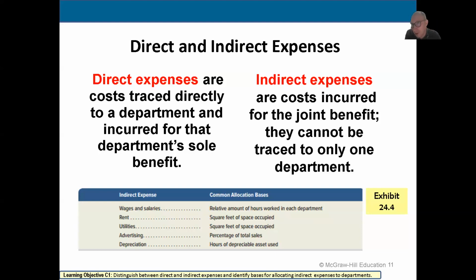The jewelry department's not responsible for the electric bill for the whole store. They're only responsible for the square footage of their department. Utilities is an indirect expense. Advertising is expressed as a percentage of sales for the department. And depreciation is based on the hours of the asset used, allocated to the department.